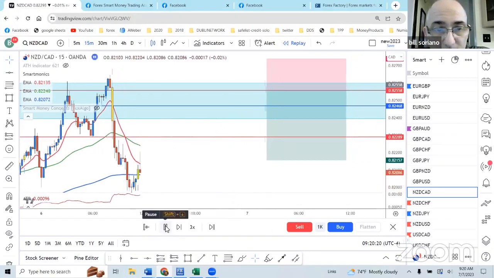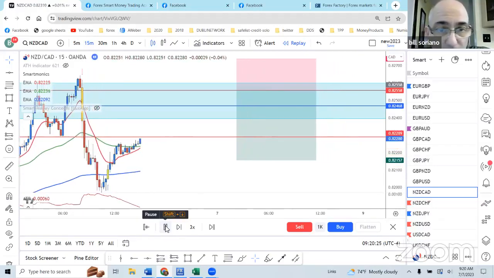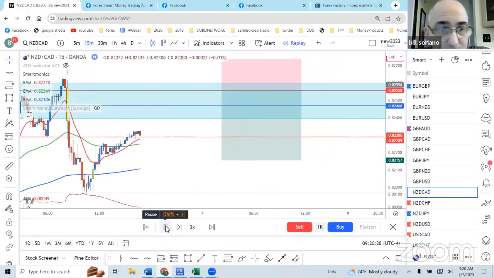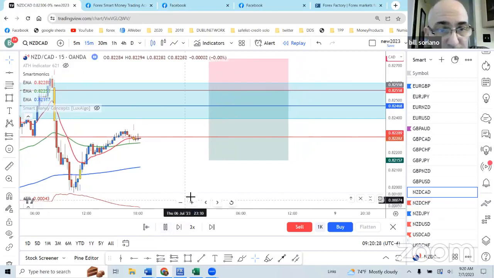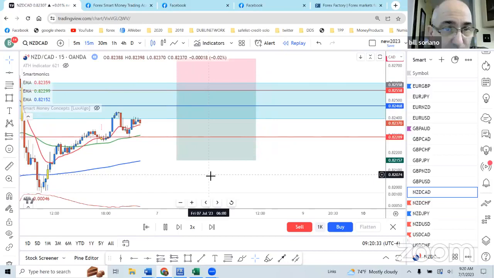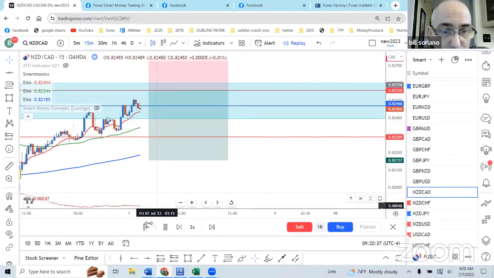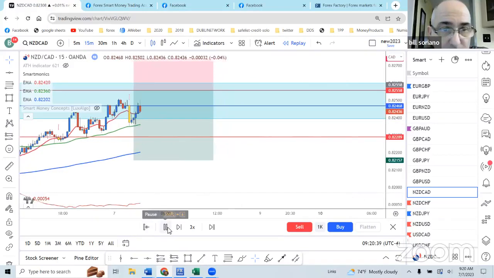Let's see what happens in this one now. Again, price kind of flags back up. Really no impulsive moves, right? It's flagging back up all day. You get a little bit impulsive there, but it just kind of flags back up. And then let's see where it hits.